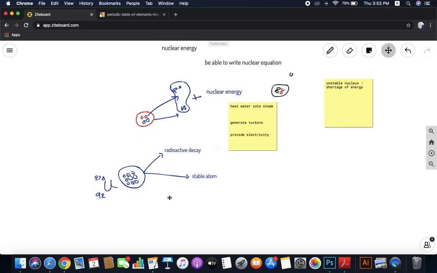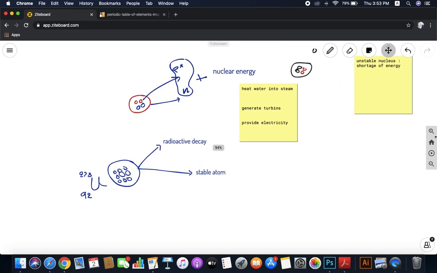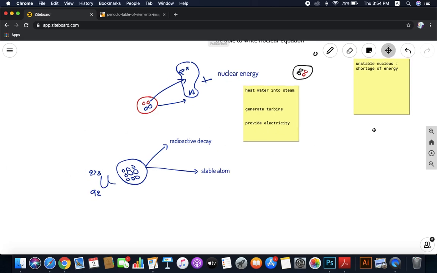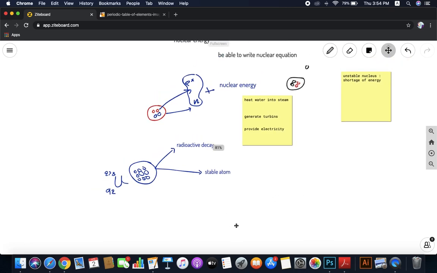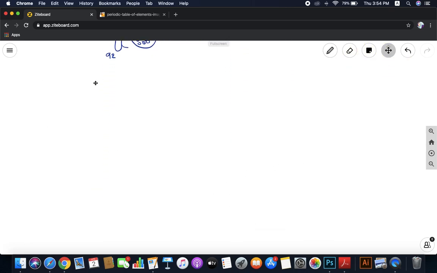Now, let's try to write a nuclear equation, but first you have to know the types of the radioactive decays. Now here, let's go down. Types of radioactive decay. Now, the first type is called alpha decay.